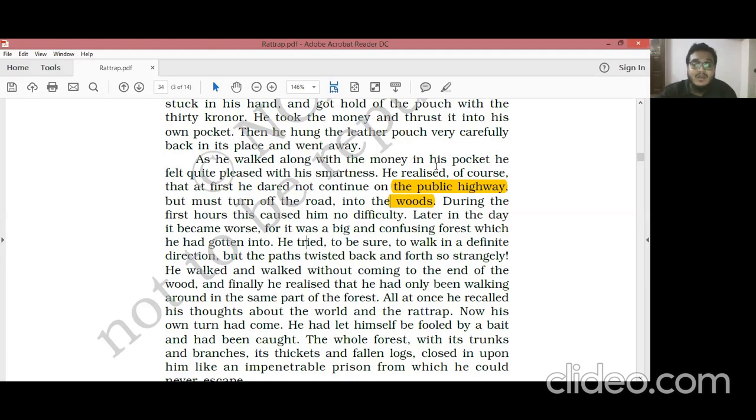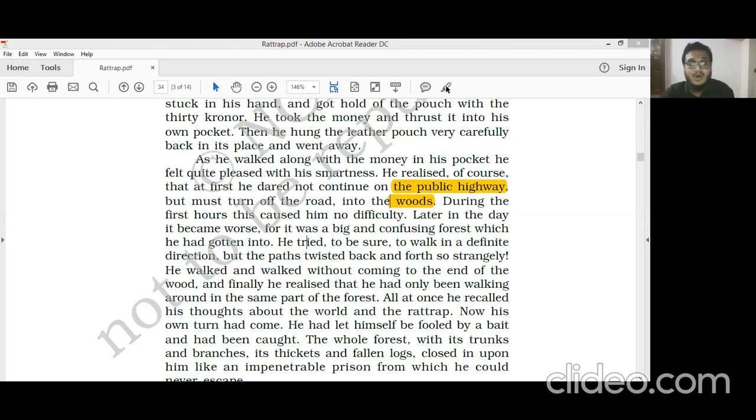Come on, be active and write it down in the chat box.